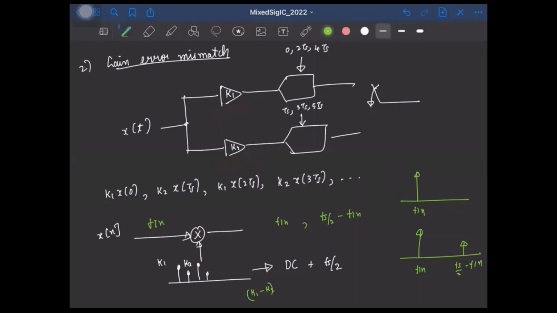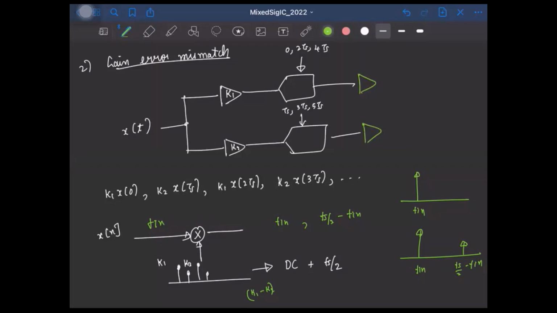And how can we correct for it? Again, one way is to go and do the correction in the analog domain by trying to minimize the mismatch in the gain error. Again, but a much simpler solution is to do this correction digitally, right? By doing a digital calibration, where we can add a digital gain here, right?